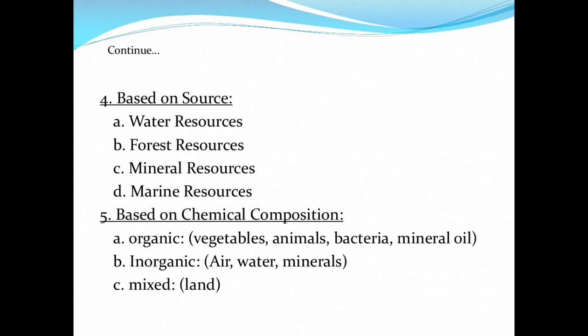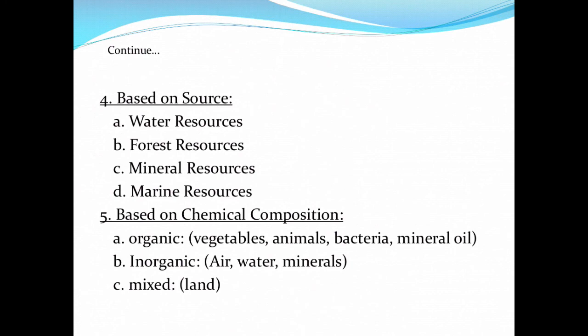Okay, marine resources are the resources which we get under the water, in the seas, oceans, or under rivers, like fish, aquatic animals, and some foods, chemicals, and medicinal trees, whatever you find in marine, that is under the water. So these all come under marine resources. These resources are only available under water.